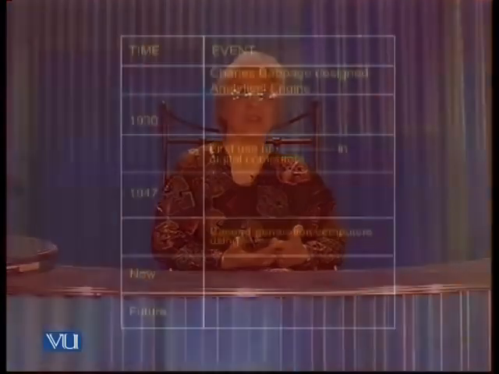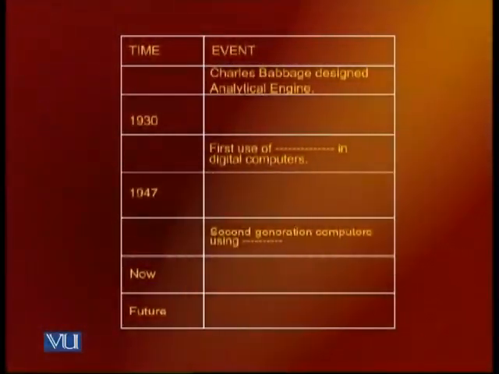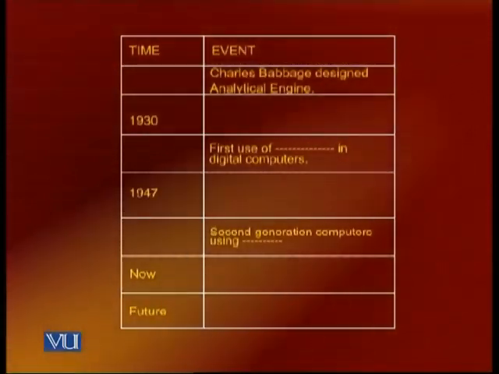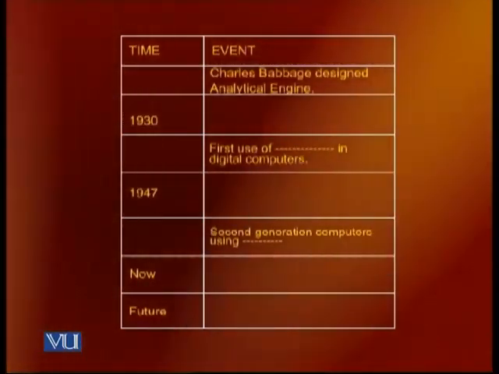So in the 17th and 18th centuries, 3 major events took place in the history of the development of computers. J. Napier devising mechanical ways, Henry Briggs producing logarithm tables, and Newton and Leibniz inventing calculus. The next event that has been given to you is that Charles Babbage designed the analytical engine, and you have not been given anything else.